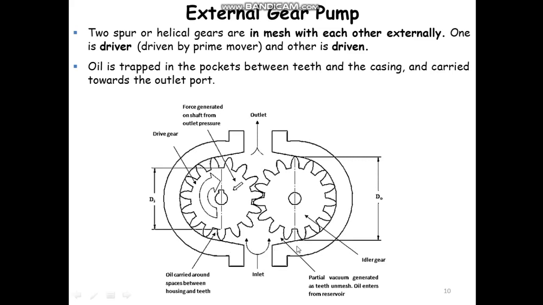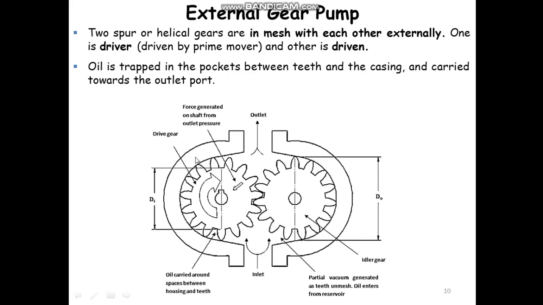So it is clear that for all kinds of positive displacement pump, there is no space available between the rotating part and the casing. And that has been proved here, because if you see the addendum of the gear teeth and the casing, they are completely cut. They have touched. So that shows that there is no space available between the rotating elements and the casing.